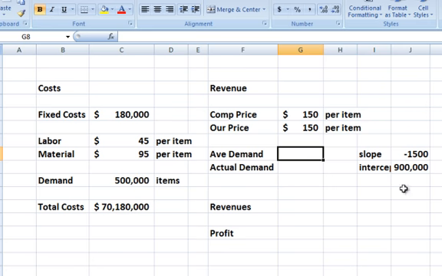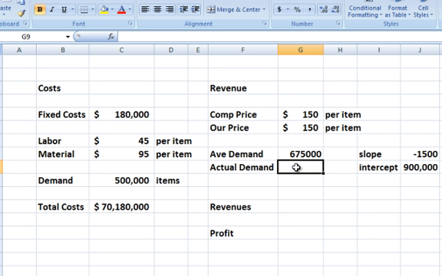So the average demand based on a regression equation was to take our price multiplied by the slope of this linear regression line and to add in the intercept of the linear regression line, and that would be our average demand. Our actual demand later is going to be some fixed percentage of this, actually a variable percentage.